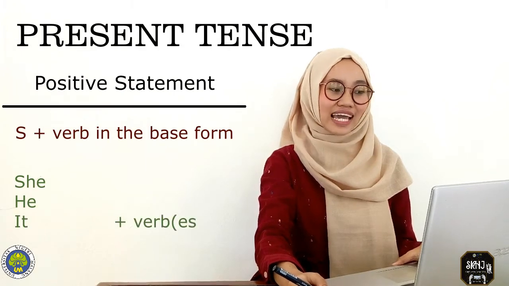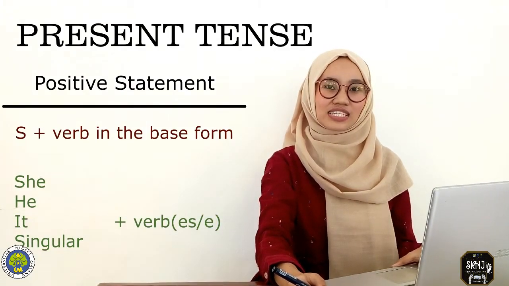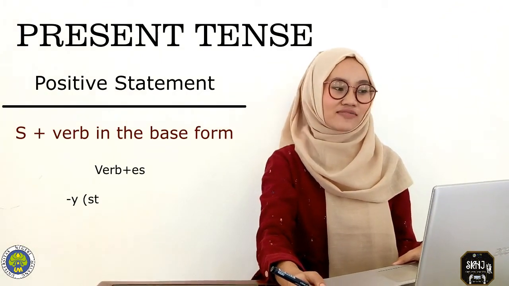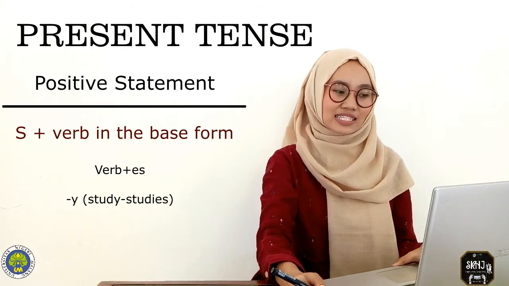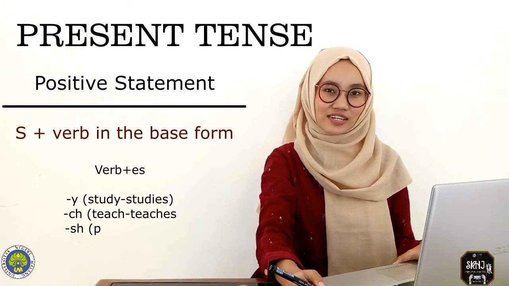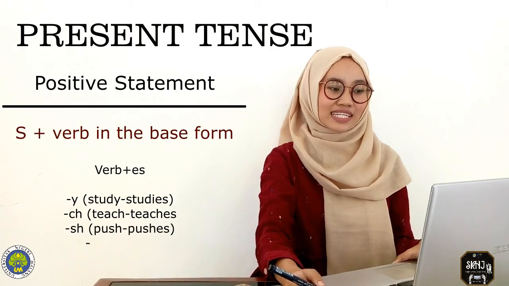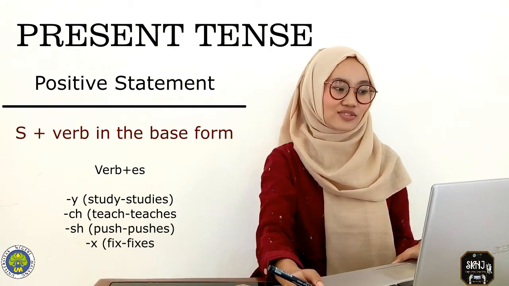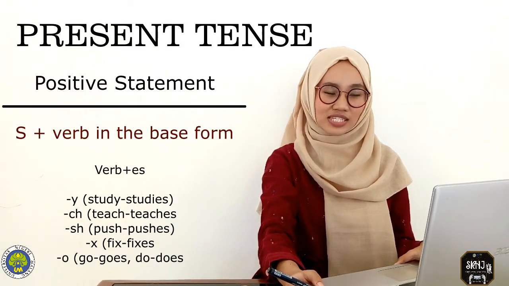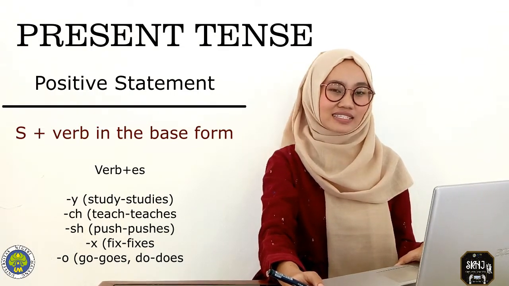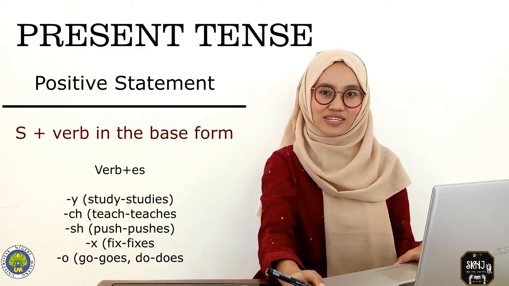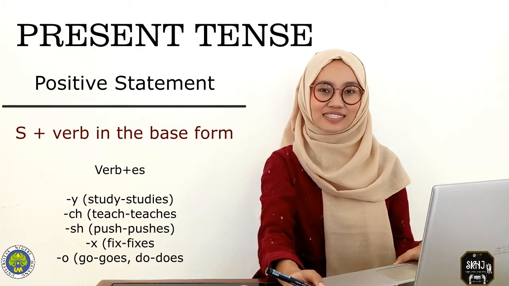Don't forget to add s after the verb if the subject is she, he, it, or singular, and don't forget to add es after the verb if the verb ends in ch, such as teach into teaches, sh, such as push into pushes, x, such as fix into fixes, and o, such as go into goes and do into does. If the verb ends in consonant plus y, it changes, such as try into tries, study into studies, and carry into carries.